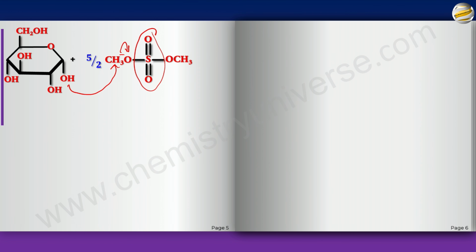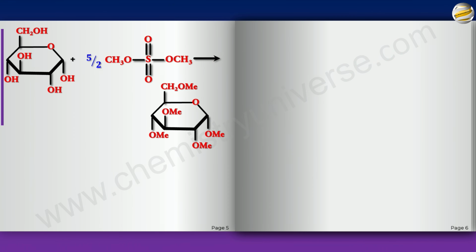So it's a good leaving group. And this can happen, and since I'm using excess, because there are two OCH3s there, you end up getting OMe everywhere. And the difference would be this time, it is this O which remains in the ether of the anomeric carbon. Okay, so this is pentamethyl alpha D glucopyranose.